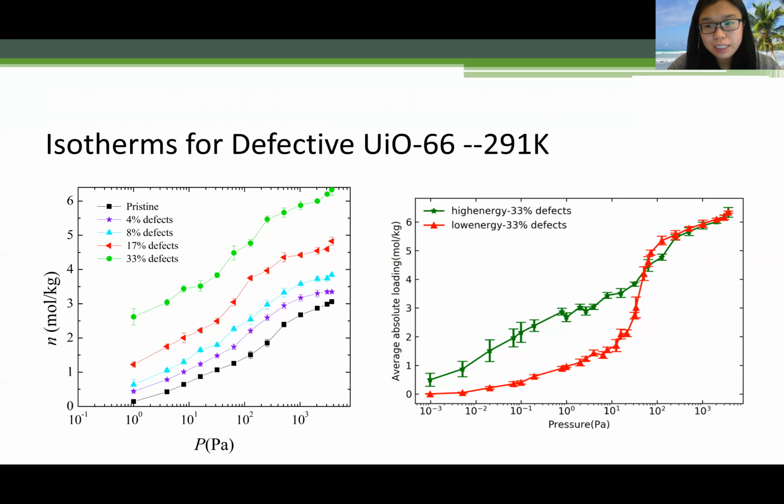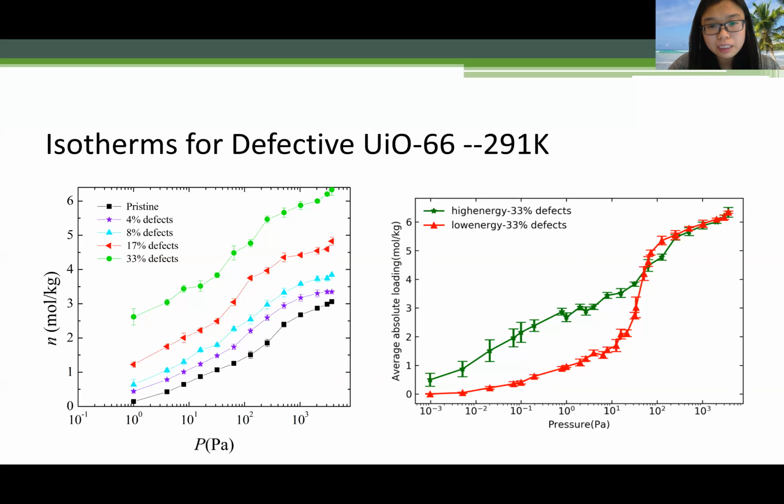On the right is the isotherm comparison between those two 33% defective level structures.